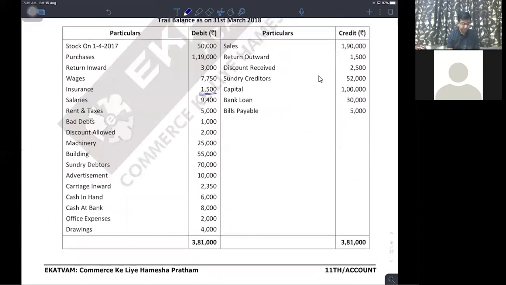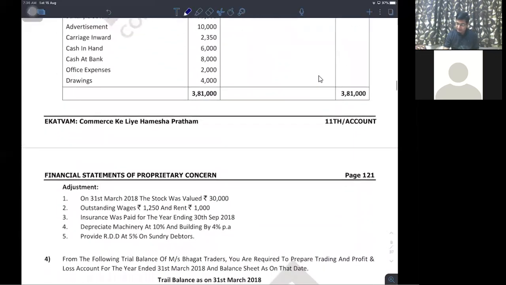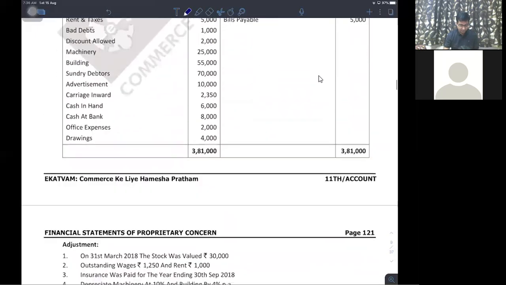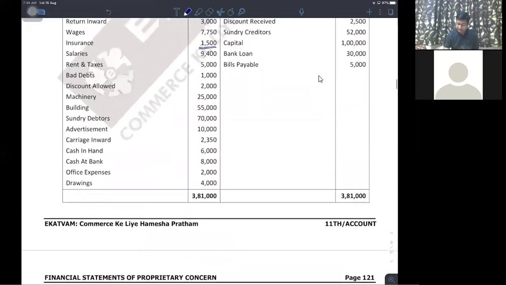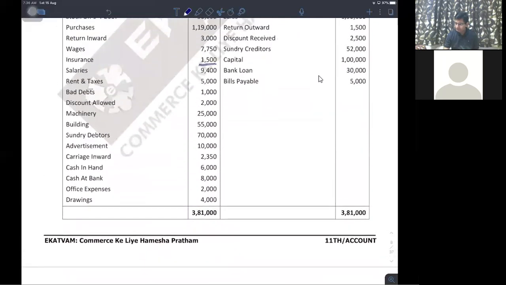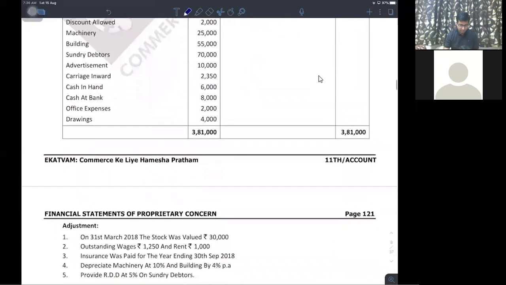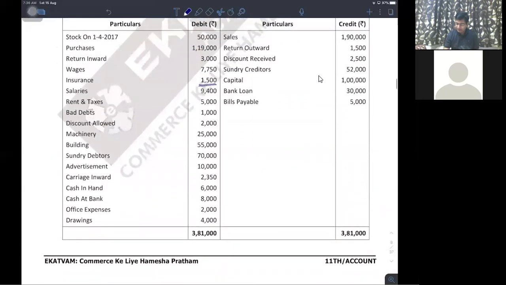All right. Okay. So let's observe it now one by one. The very first in that is I'll just tell you the total of the balance sheet. Machinery has to be depreciated at 10%. Building has to be depreciated at 4%.